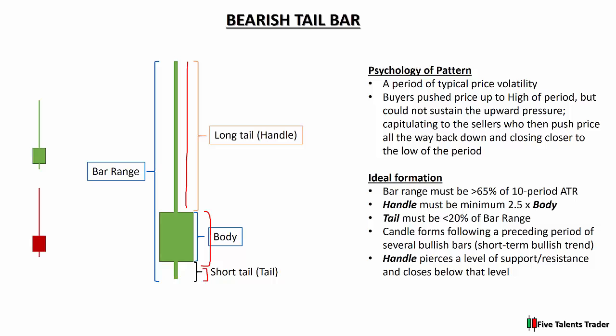And for the candles that precede this, it will be ideal to have a series of bullish candles in a trend, then get that signal, and I'm looking to do that. Ideally, that should pierce the support and resistance level and close below that level.